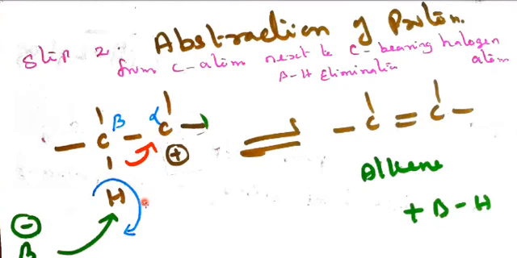So hydrogen is going out from the beta carbon, next to the alpha carbon. The hydrogen is eliminated to this B minus. Any base attached with this hydrogen forms BH. Here the bonded electron is shifted to the carbocation, so it forms CH2 double bond CH2.